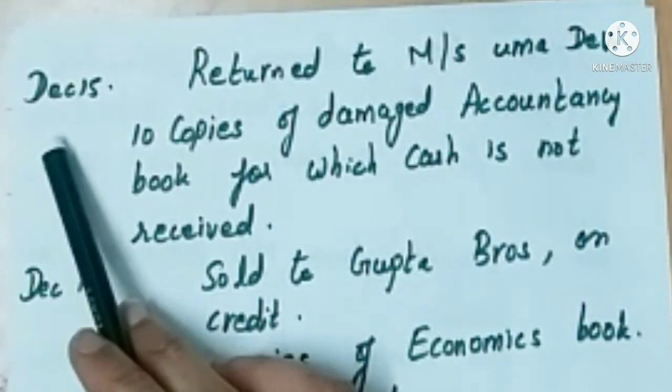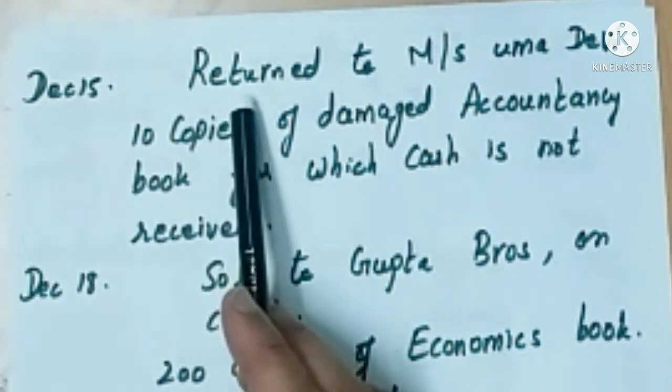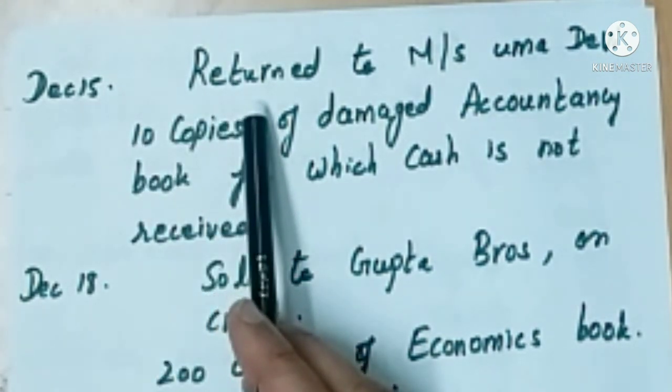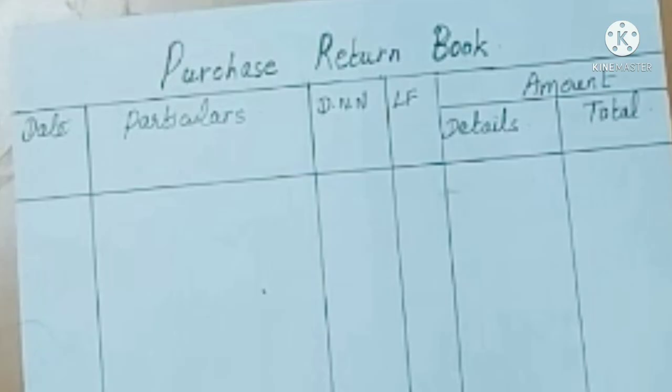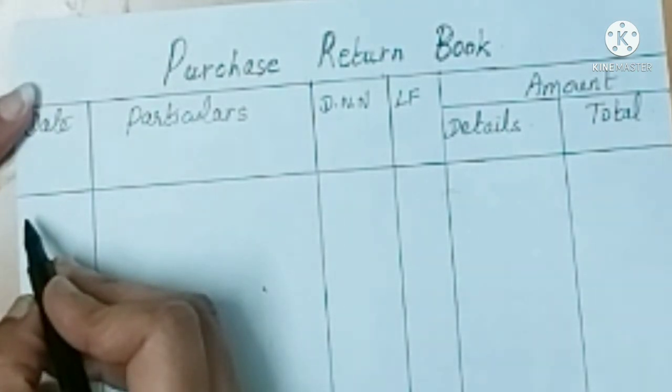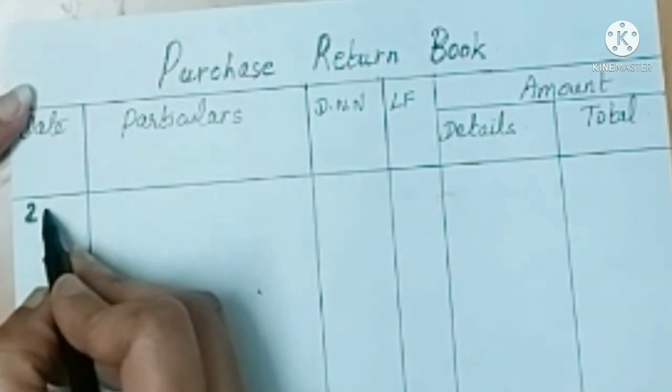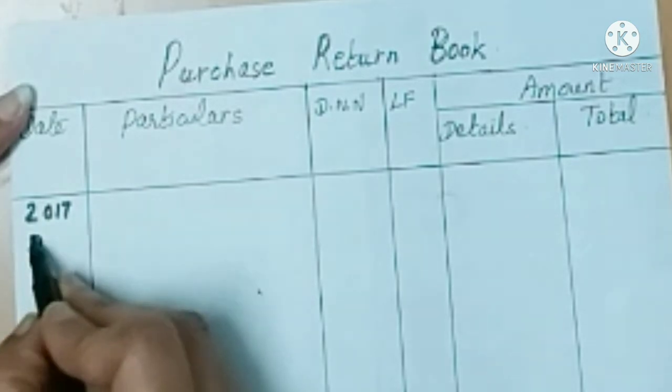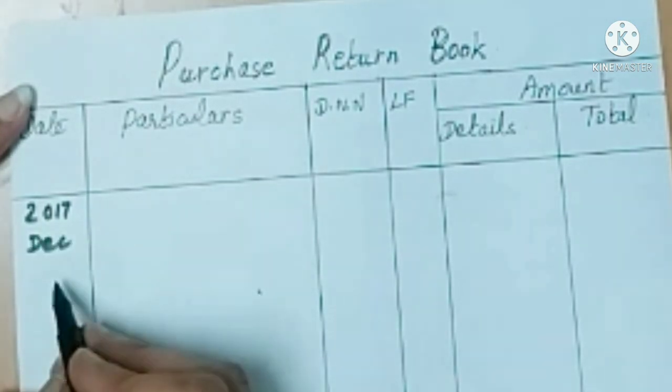Okay, now we will make an entry for this purchase return in the subsidiary book. On December 15, goods are returned to Uma Devi. 2017, December 15.